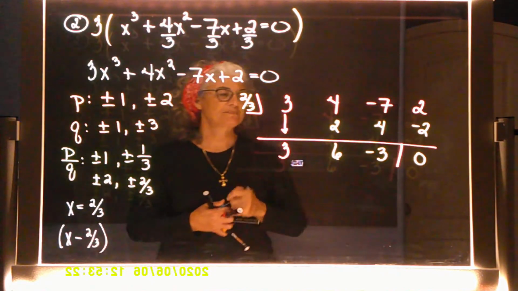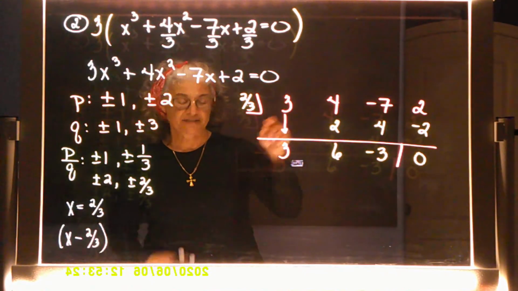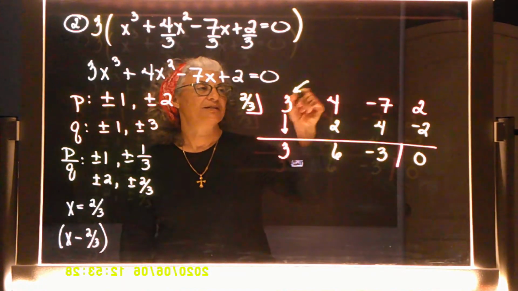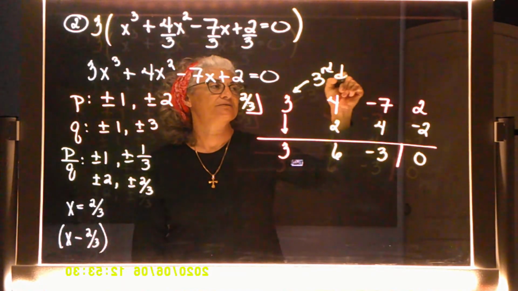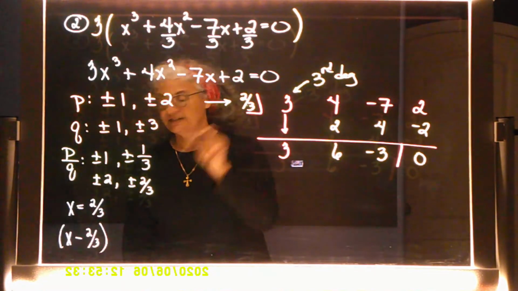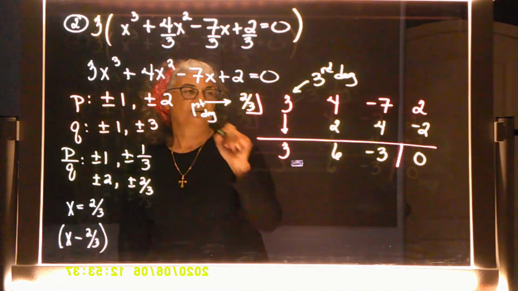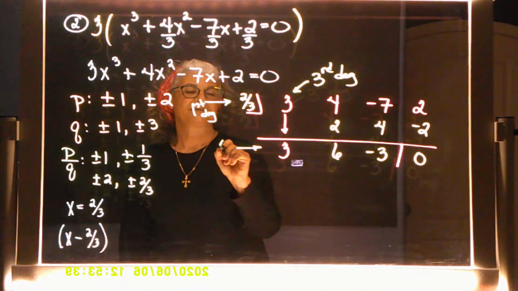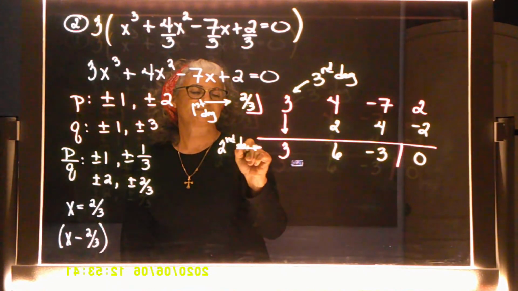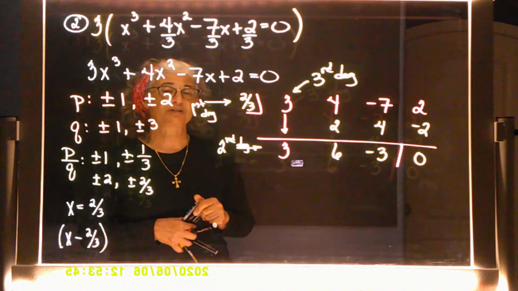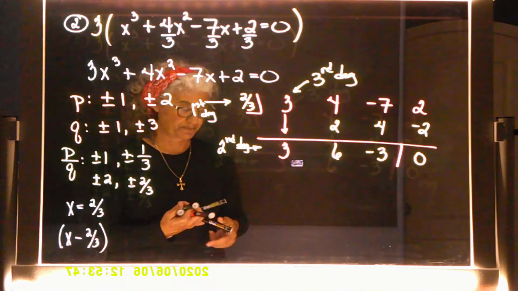Now remember, this original polynomial was what degree? Yep, that was a 3rd degree. And you divided it by a 1st degree, which means this is a 2nd degree. And so I am either going to factor it or I'm going to use the quadratic formula on it. One of the two.